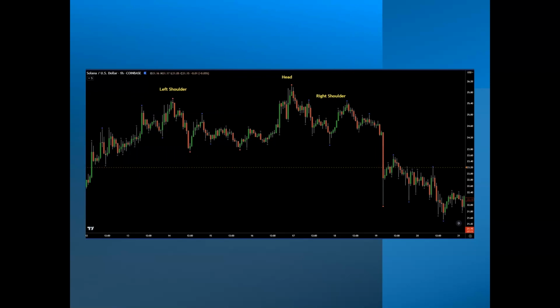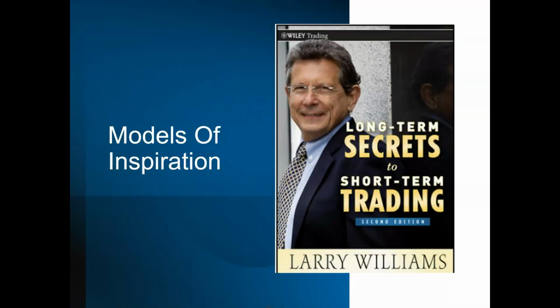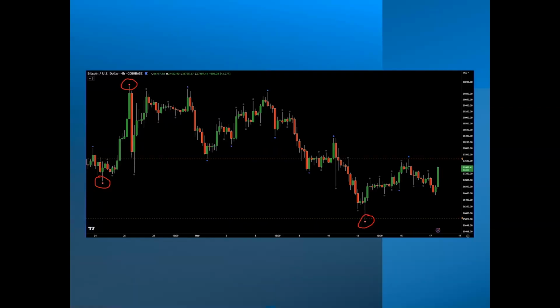Now, what we did, like I said, most people know these models, but we want to bridge it with some sort of way to confirm. So that's what we used. Larry Williams, brilliant guy, and from his book, Long-Term Secrets to Short-Term Trading, you guys can feel free to check that out. Right here, we actually created a TradingView indicator that can follow the structure of the market.